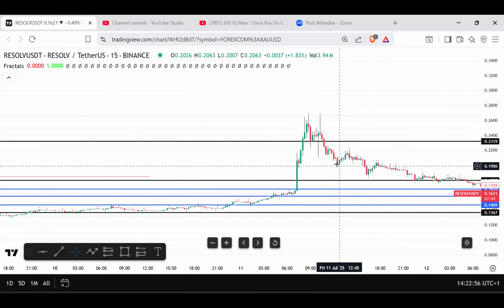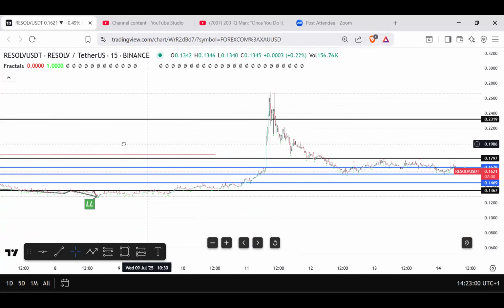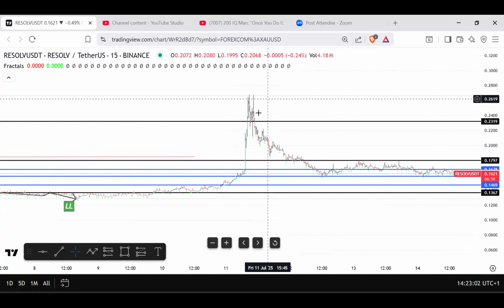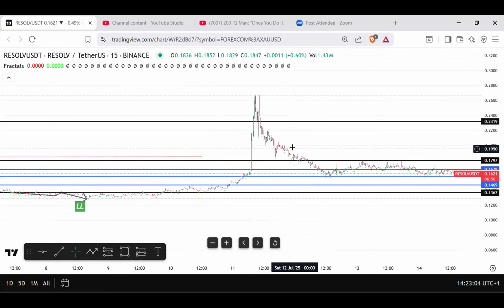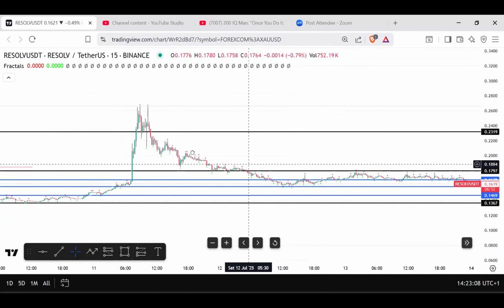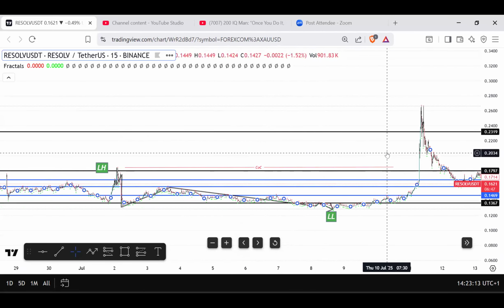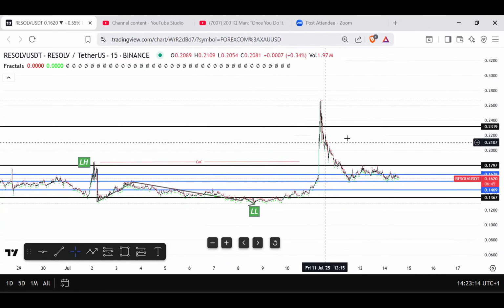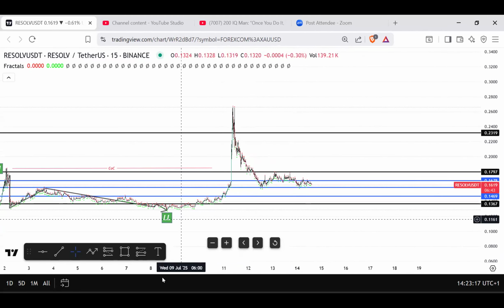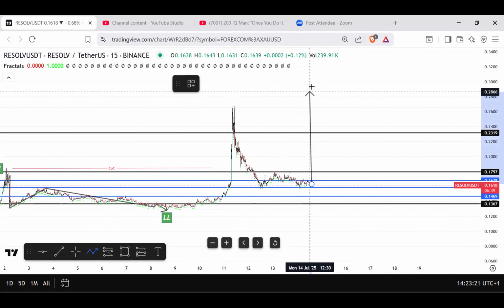At the moment, it's only a CHoCH. It's not confirmed, because one more time, if there is a pullback upward, then it will break the BOS and we will confirm.